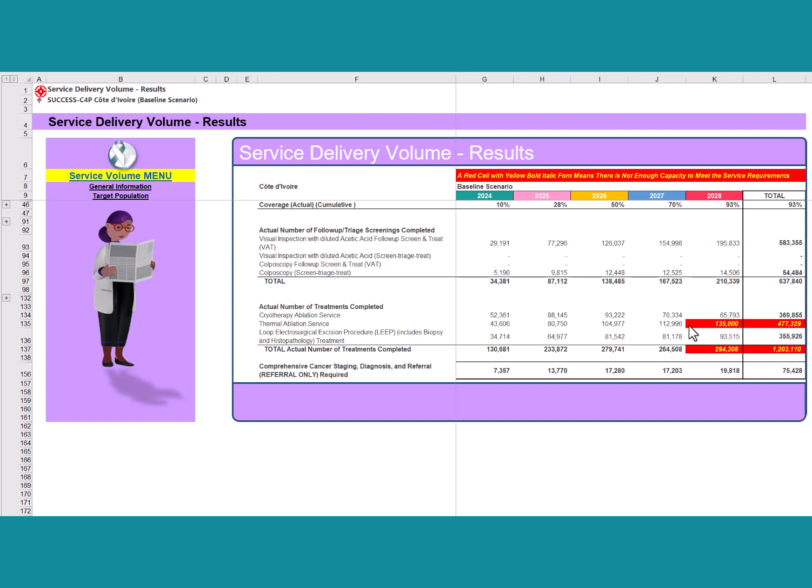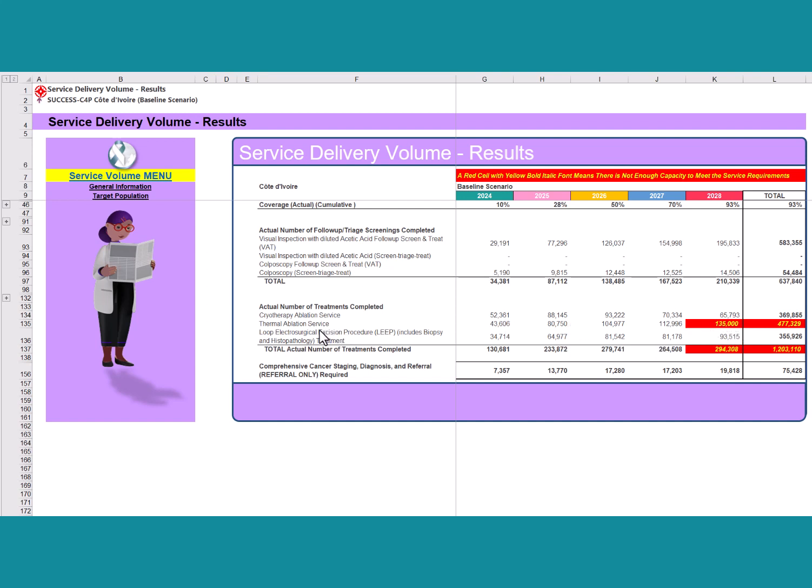So you'll see that this is the actual number we completed, but you'll also see that it was not the number that we needed to complete to meet our goals of screening and treatment of the people who were going to be screened. So this tells you here that you should look at your capacity in the next section, which is your infrastructure and capacity.